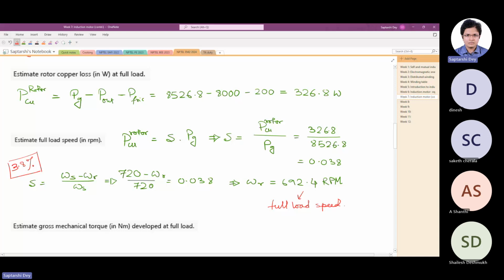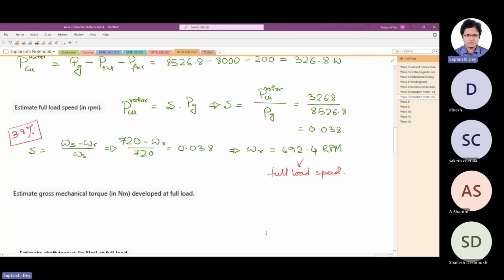So induction motor in its full operating range more or less operates at a constant speed, if the supply frequency and voltage are kept constant. Now, if this is clear, we'll go to the next question.